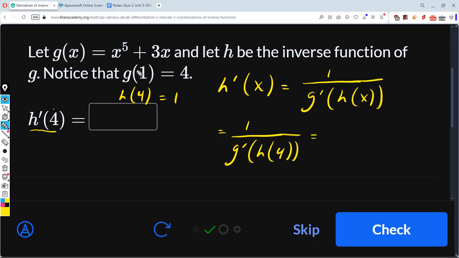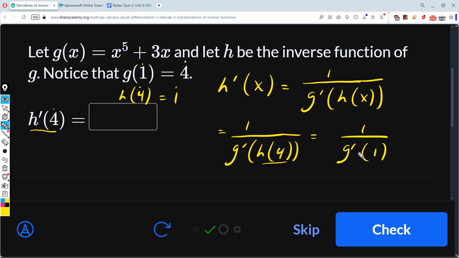This is the x coordinate of g and the y coordinate of h. And then if you swap it around, this is the x coordinate of h and the y coordinate of g. So this is going to be 1 over g prime of h of 4, and we said h of 4 is just 1.